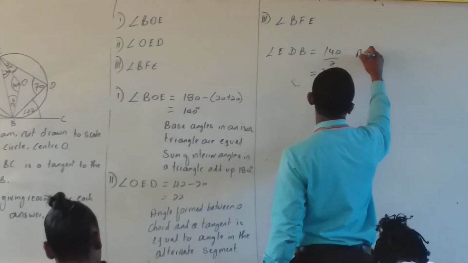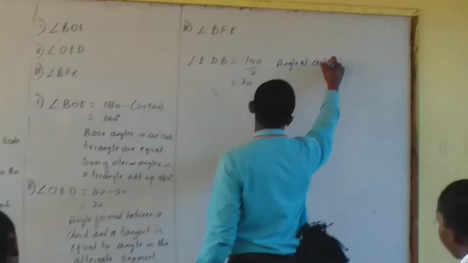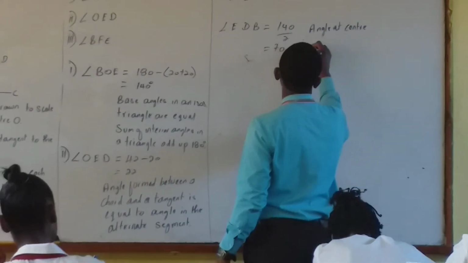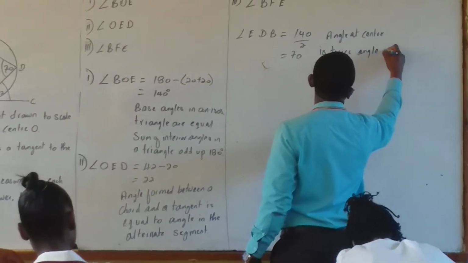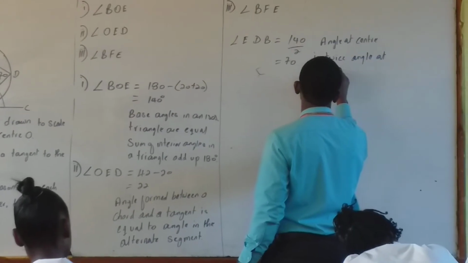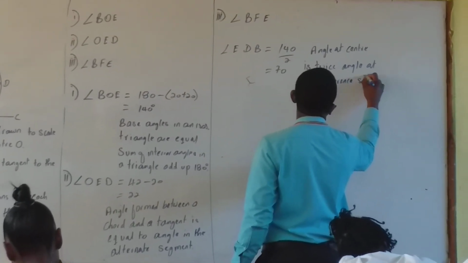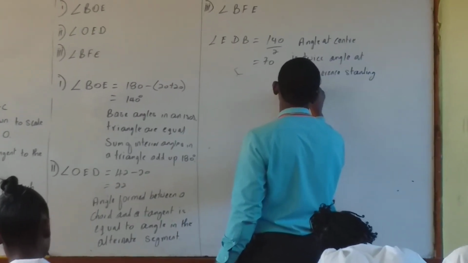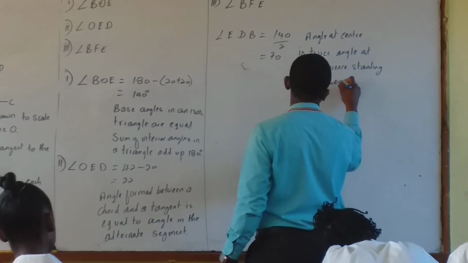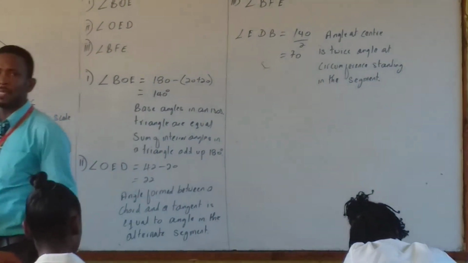And I can write: angle at center is twice angle at circumference standing in the same segment. So in order to use the theorem, they must be standing in the same segment.